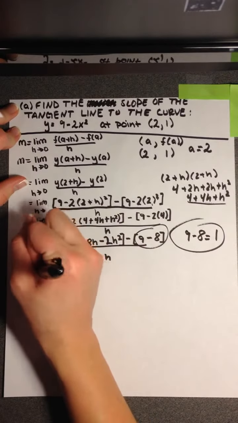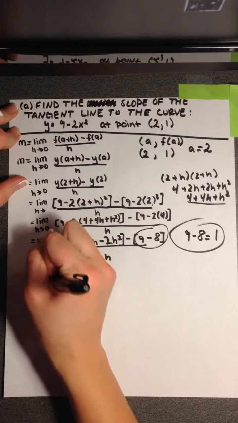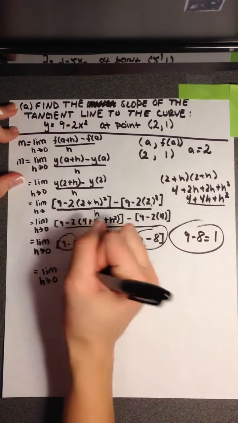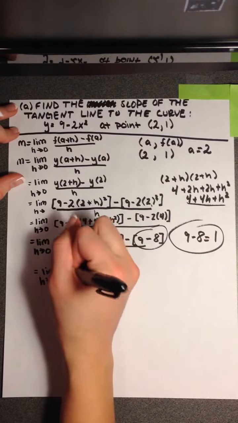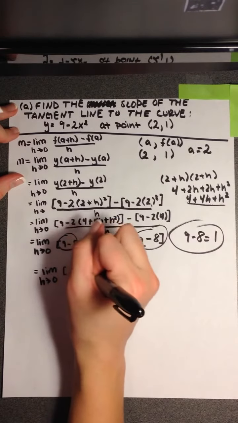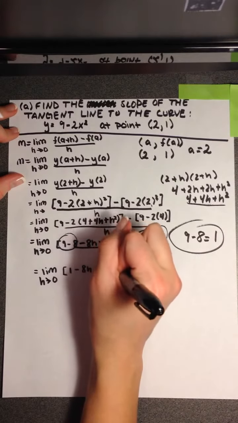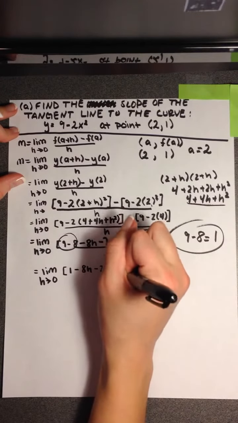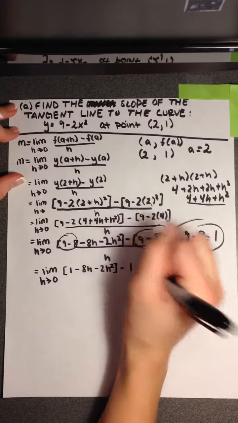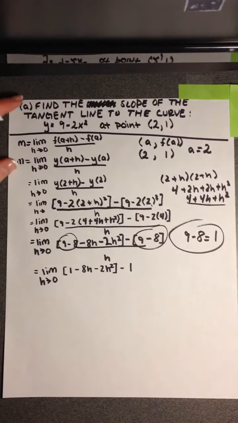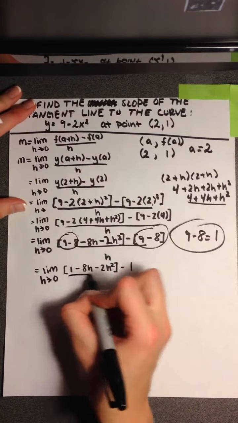That's going to give us the limit as h approaches 0 of 1 minus 8h minus 2h squared, minus 1, and this is all over h.